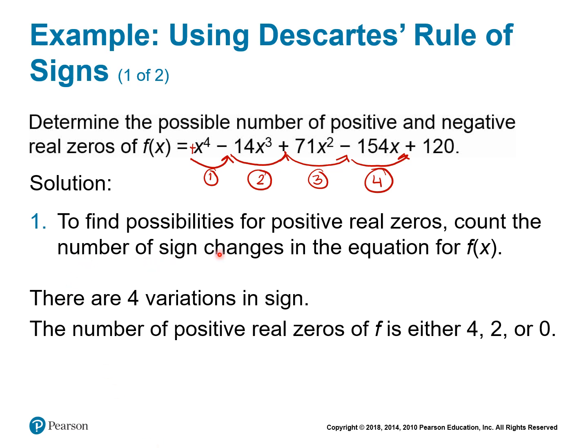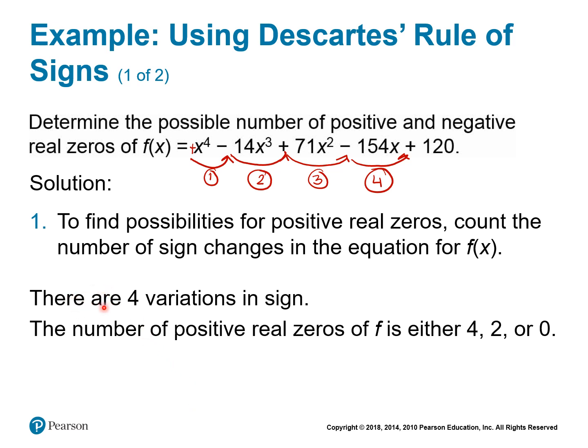It says to find possibilities for positive real zeros, count the number of sign changes in the equation for f of x. And that's exactly what we did here. We noted the sign changes from term to term and we found there were four sign changes. All right, four sign changes.